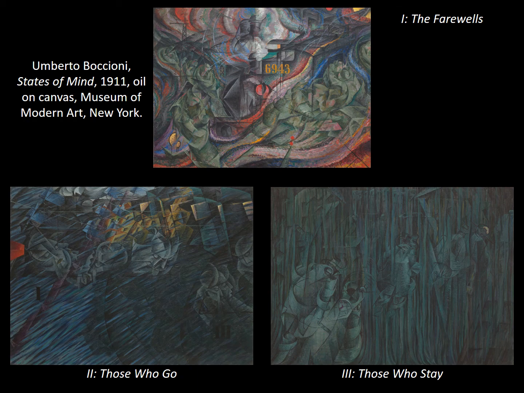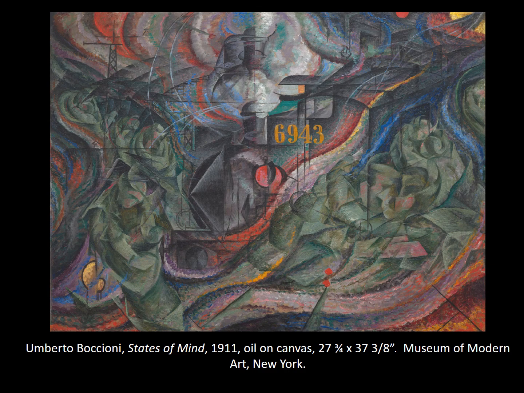Likewise, the color changes in each work, with the artist relying more heavily on warm colors in The Farewells and then shifting to cool colors for the sadness and mood of the other two works. I'm just blowing this up so you could see it a little more clearly.